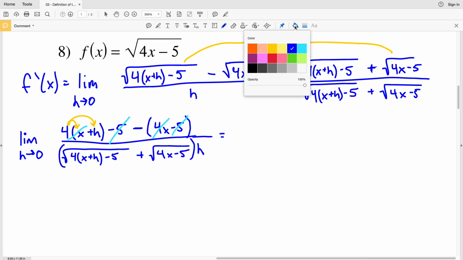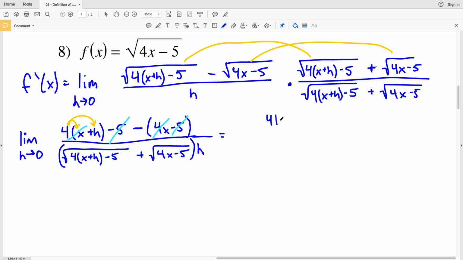So the only thing remaining in my numerator is 4h, and in my denominator, I'll have h times that conjugate, or the conjugate times h, which is the square root of 4 times x plus h minus 5 plus the square root of 4x minus 5.